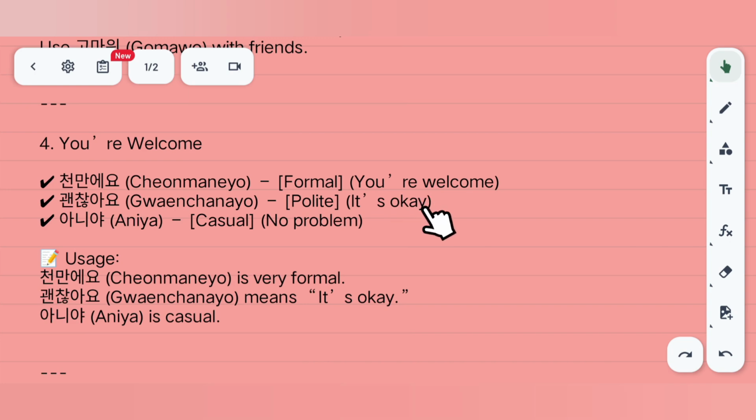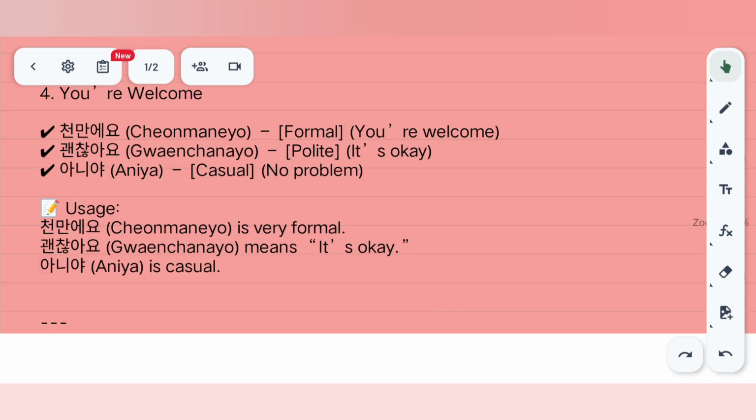It means it's okay. Third one is 아니야. It's a casual way of saying you're welcome, but it literally doesn't mean you're welcome. It means no problem. Okay. So 천만에요 is very formal, 괜찮아요 means it's okay and 아니야 is casual.